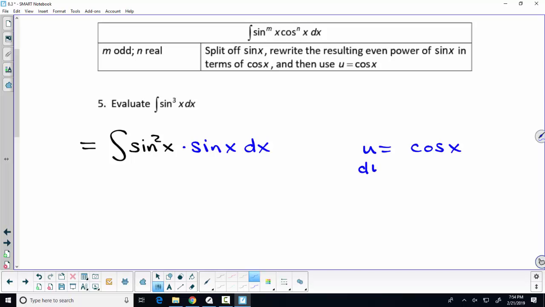That way our du is the piece we split off. All of the integrals we talk about, except for the even powers of sine and cosine, follow a similar pattern.